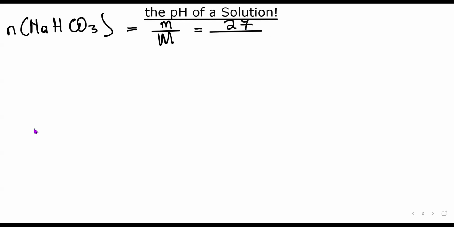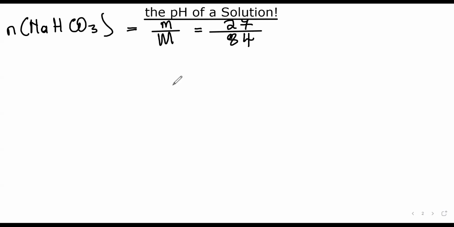Well, I'm just going to press this into my calculator. The molar mass of sodium is 23, hydrogen is 1, carbon is 12. We have 3 oxygen atoms, each with a molar mass of 16. So the molar mass of the entire compound becomes 84.